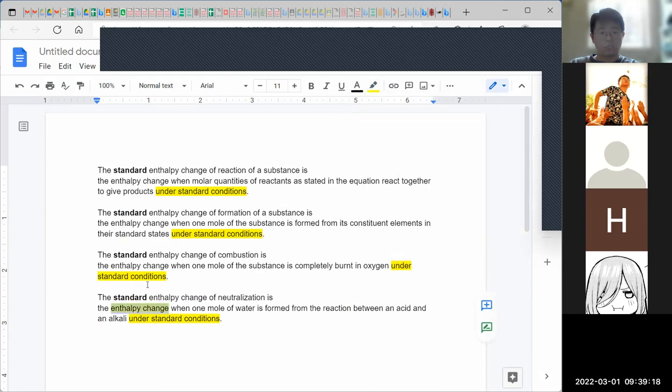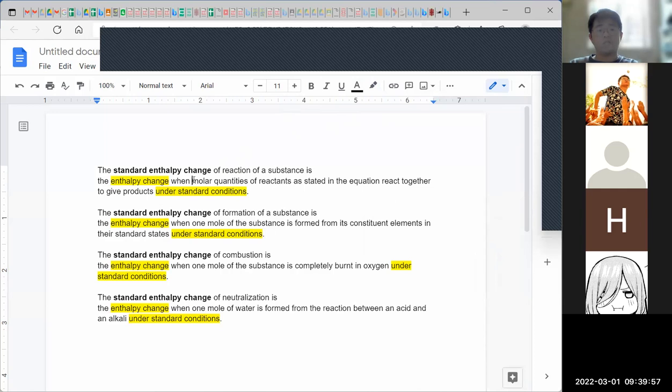Now, this is somewhat very similar. Can you see that? So what is the difference in between? Can you spot the difference? Lei Chen, could you please read again and tell me what the difference is?